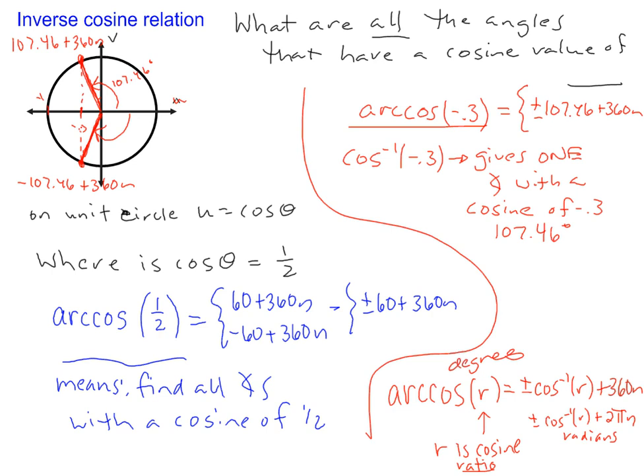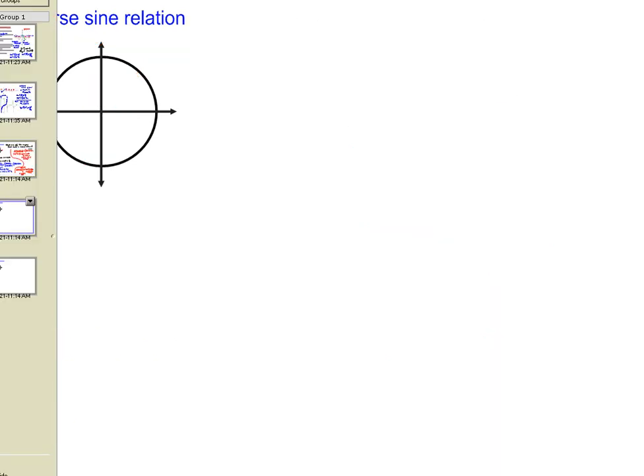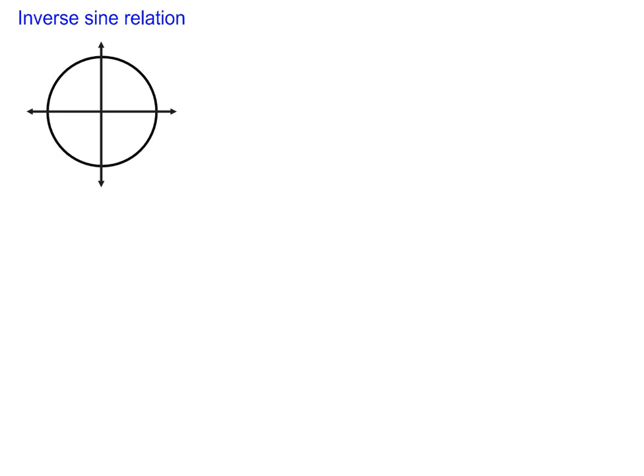Okay, cosine, inverse cosine. Let's talk about inverse sine. Same idea. The only thing that's different is that sine isn't u, it's v. So instead of going to the same place on the u-axis, I'm going to go to the place on the v-axis.